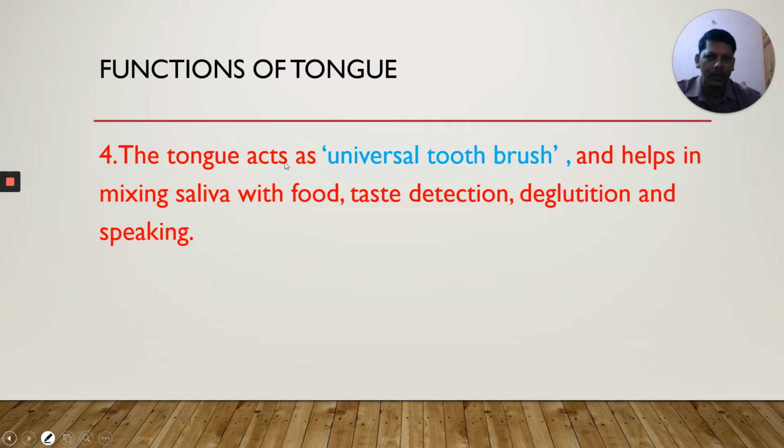These are the functions of the tongue. The tongue also helps to clean your teeth. After eating chicken or mutton, some parts are stuck in between your teeth, and to remove that, you use your tongue as a weapon in the first initial stage. If that fails, then you use some other things to remove it.